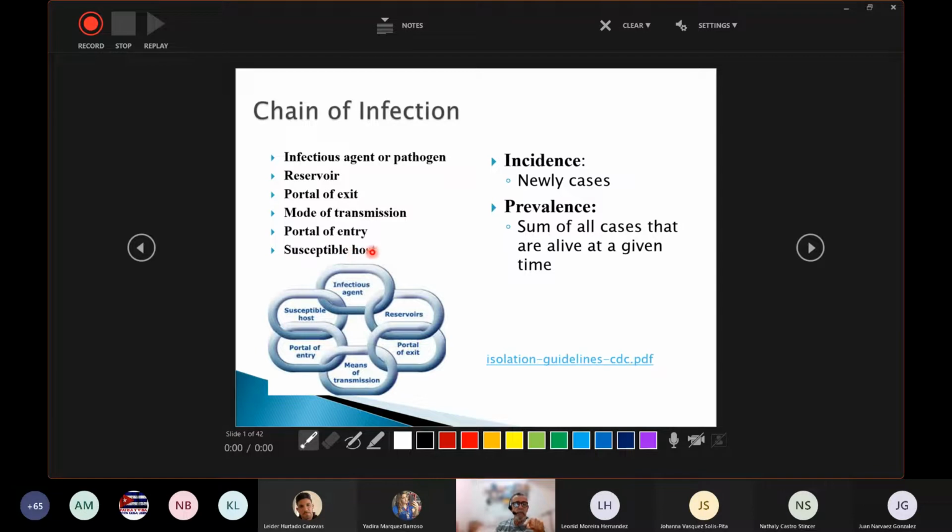A susceptible host becomes non-susceptible when receiving a vaccine. This is the idea of the vaccine giving immunity. So obviously, they can ask you about hand washing: mode of transmission. Why? Because the transmission of many diseases is through the dirty hands of the medical personnel.